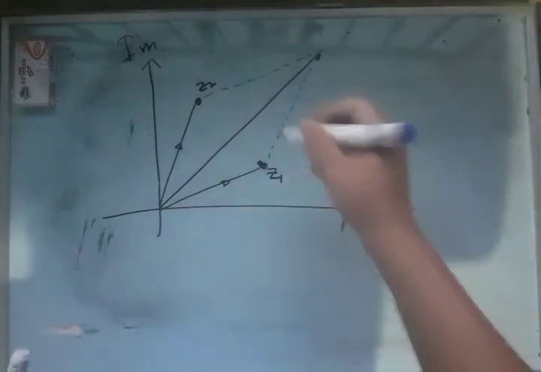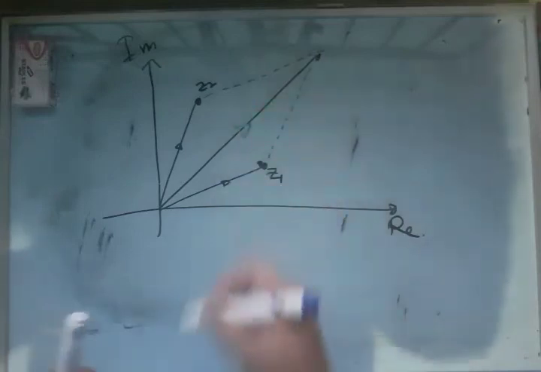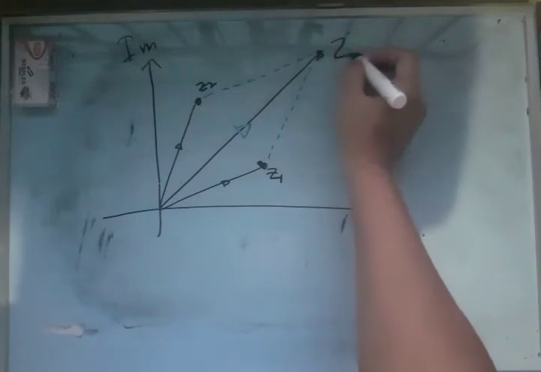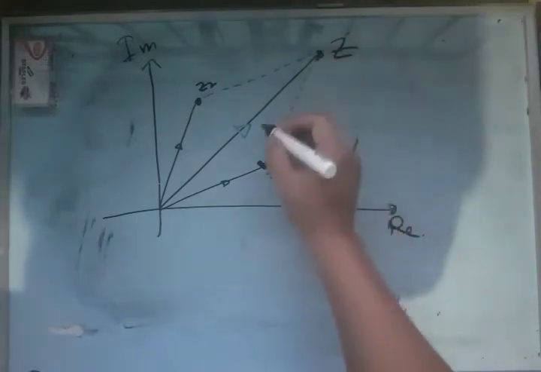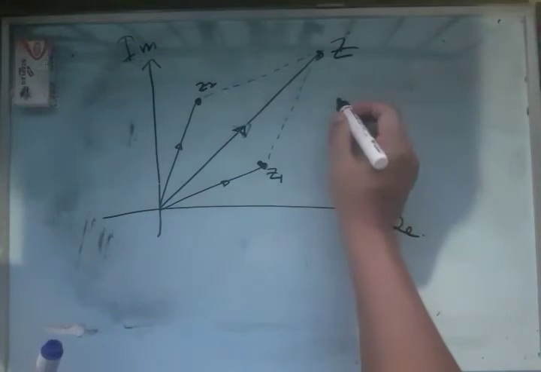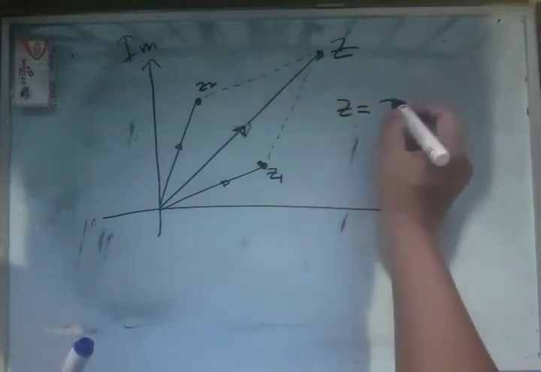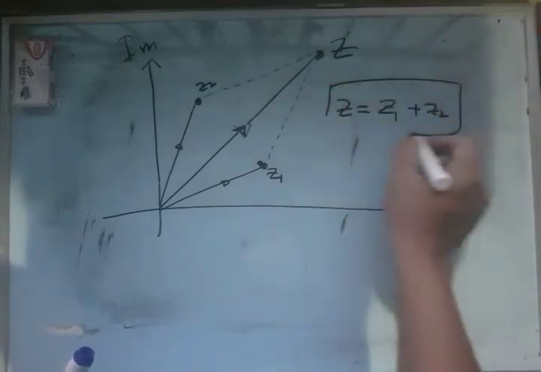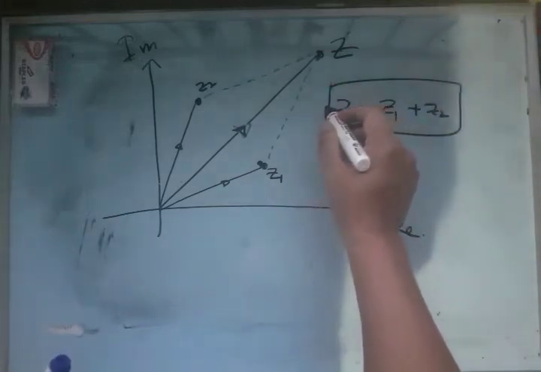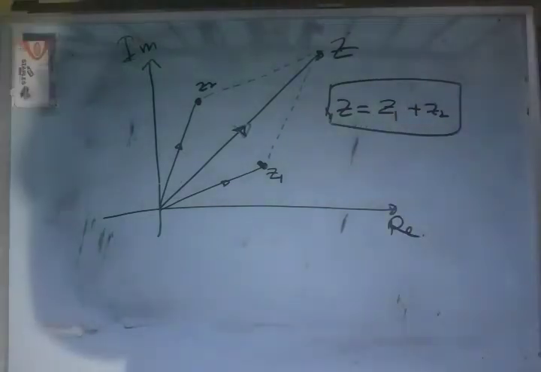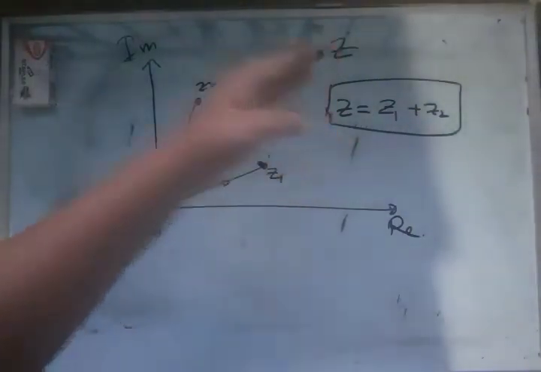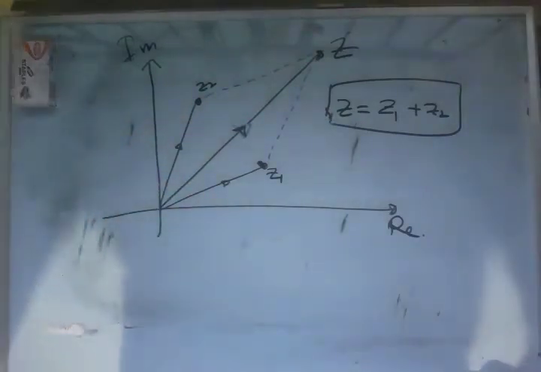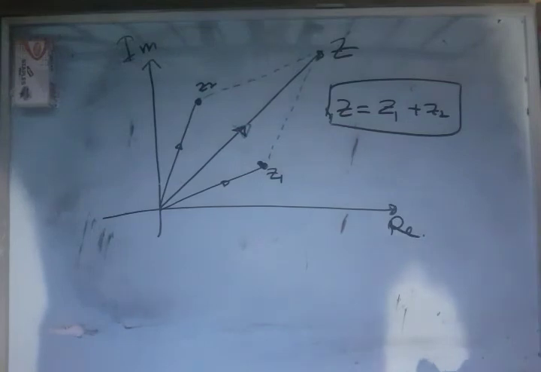Then this will give you the addition of two complex numbers. So here let's call it C. Now C is given by the addition of two vectors. This is how you construct the addition of two complex numbers in the complex plane. You construct the parallelogram, and this will give you the addition of the two complex numbers.